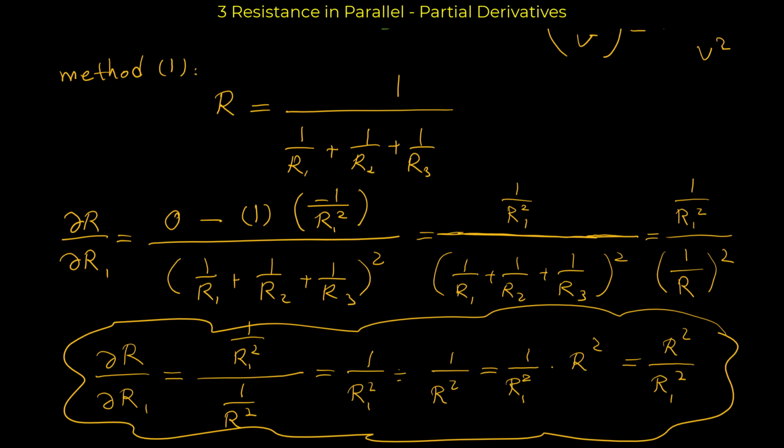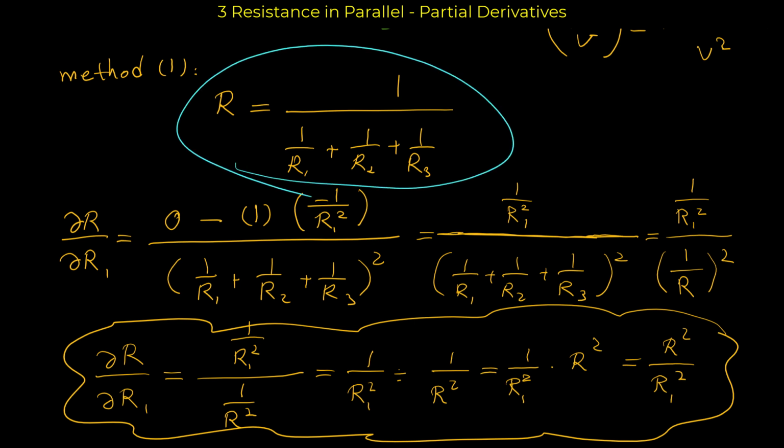Because of the symmetry that we have in this relation, you don't need to calculate all the other partial derivatives and do all of this process again. So because of symmetry, we can guess that the partial derivative of r with respect to r2 should be r to the 2 over r2 to the 2.